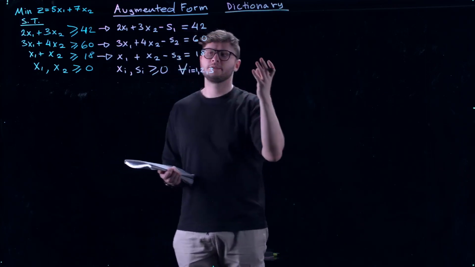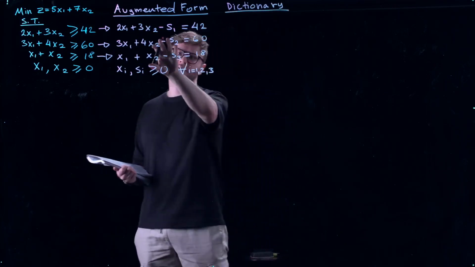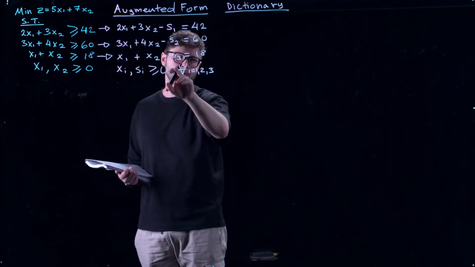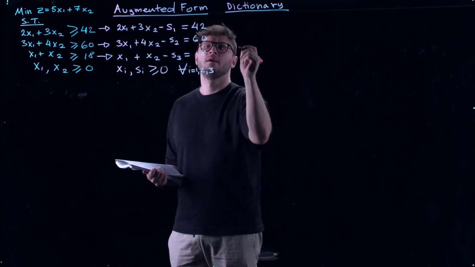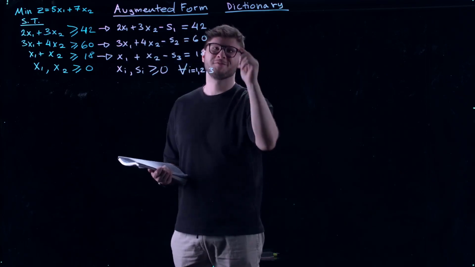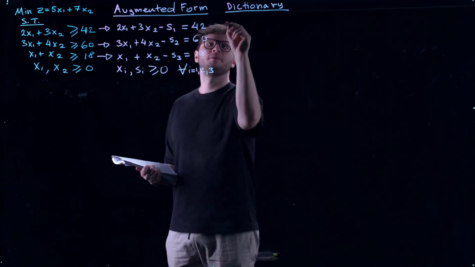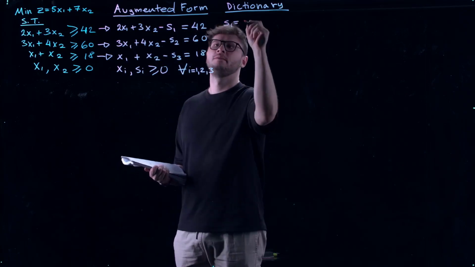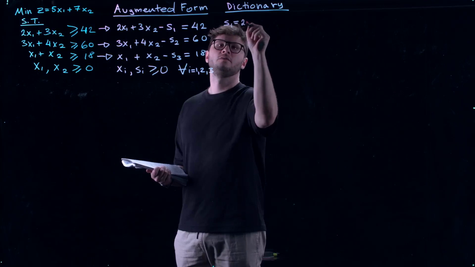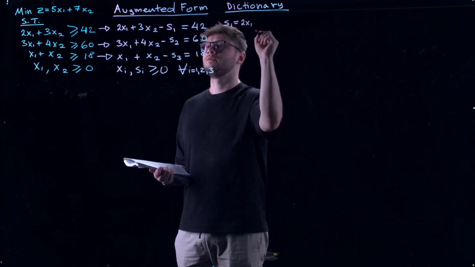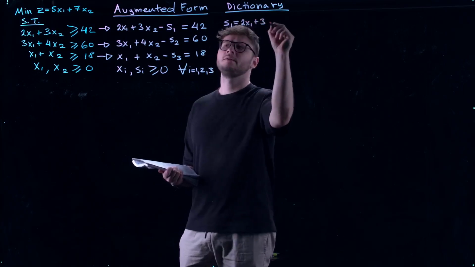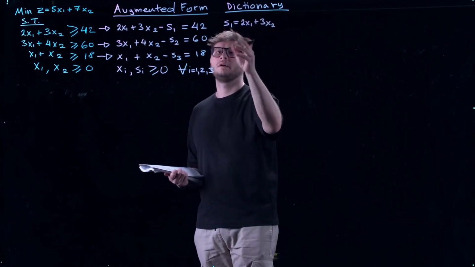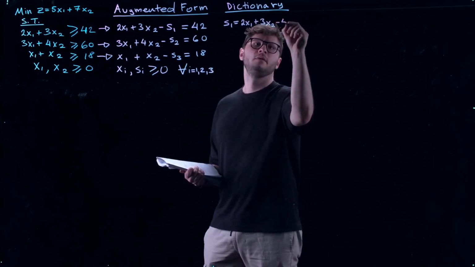So now let's write out our first dictionary. Our dictionary is going to be what we have in the augmented form, but solved for S1, S2, and S3, our basic slack variables. We have S1 equals 2x1 plus 3x2 minus 42.